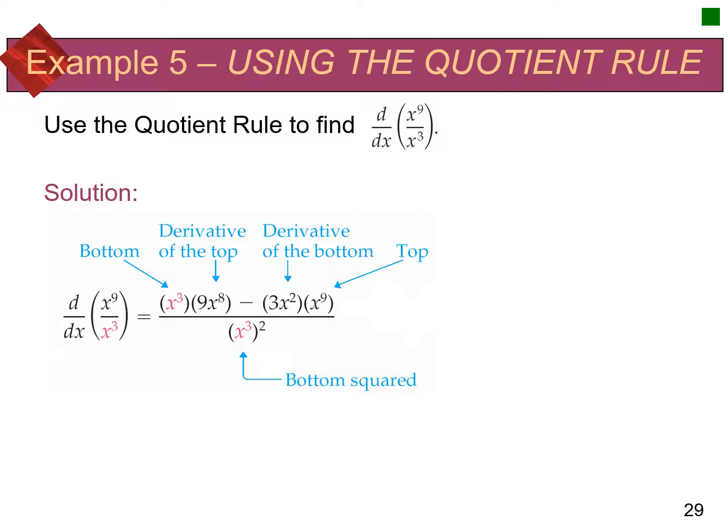When I simplify, I get 9x to the 11th minus 3x to the 11th all over x to the 6th. Of course, I end up with 6x to the 11th on top divided by x to the 6th, which if I carry through the division now, I get 6x to the 5th. As I said, heck of a lot easier if I carry through the division in the original and do the derivative of that using the power rule. But they want us to get used to using this.